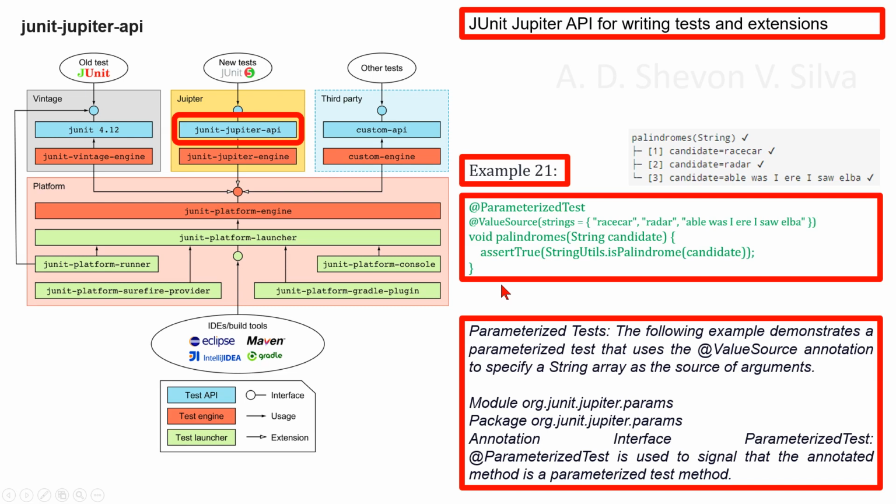The annotation interface ParameterizedTest in package org.junit.jupiter.params, in module org.junit.jupiter.params. @ParameterizedTest is used to signal that the annotated method is a parameterized test method.